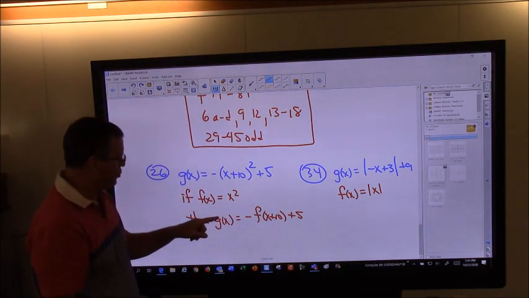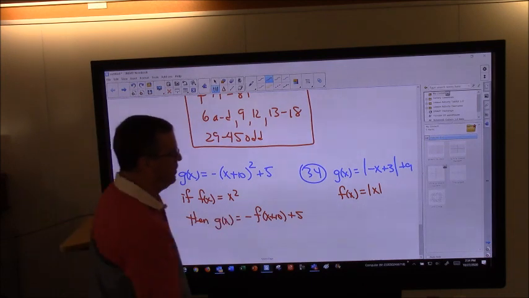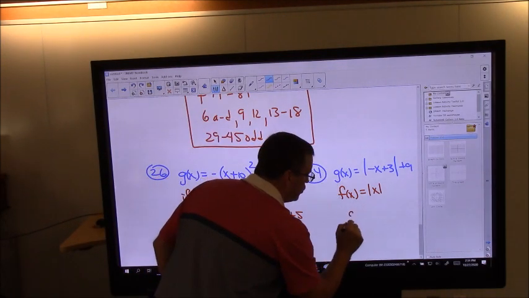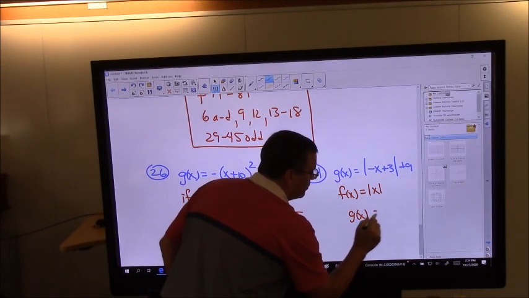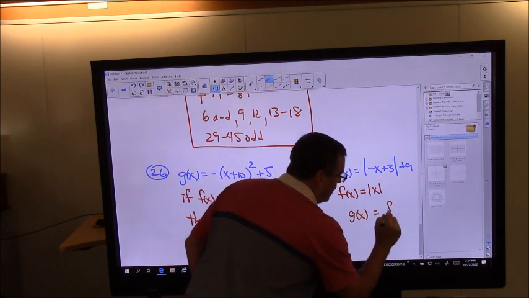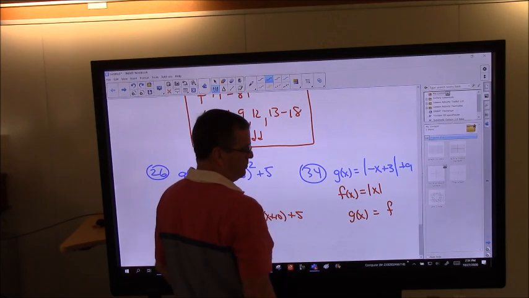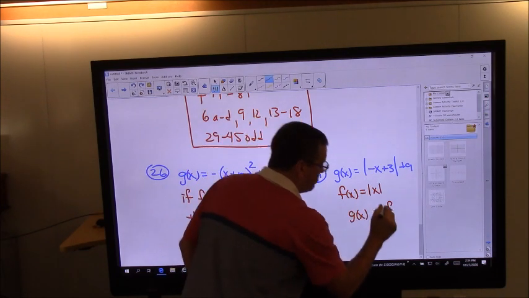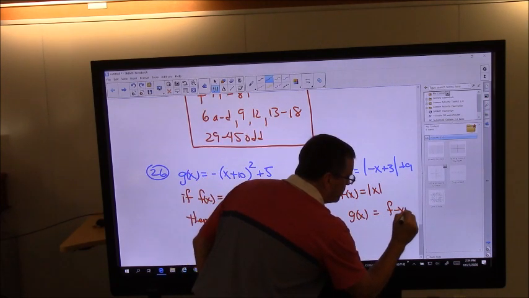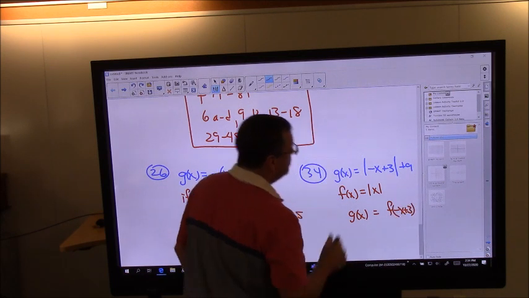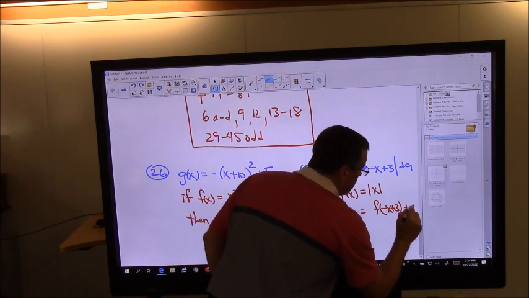And now I need to write g in terms of f. So this function, g of x, is going to equal f of, now the moment I put down f, I'm saying it's an absolute value function. Negative x plus 3, and then plus 9.